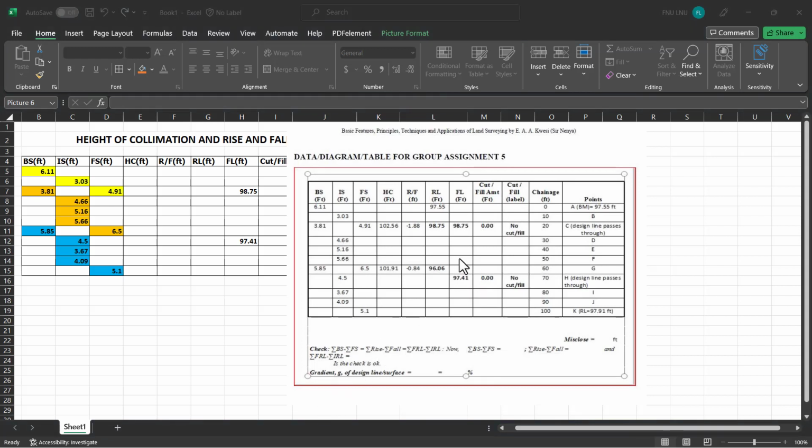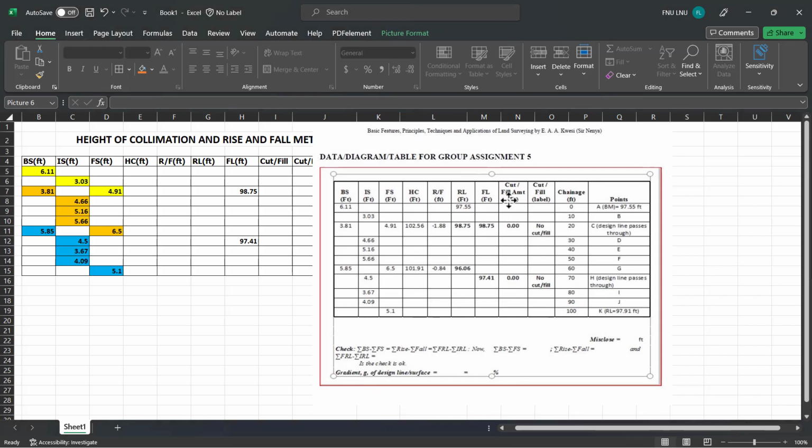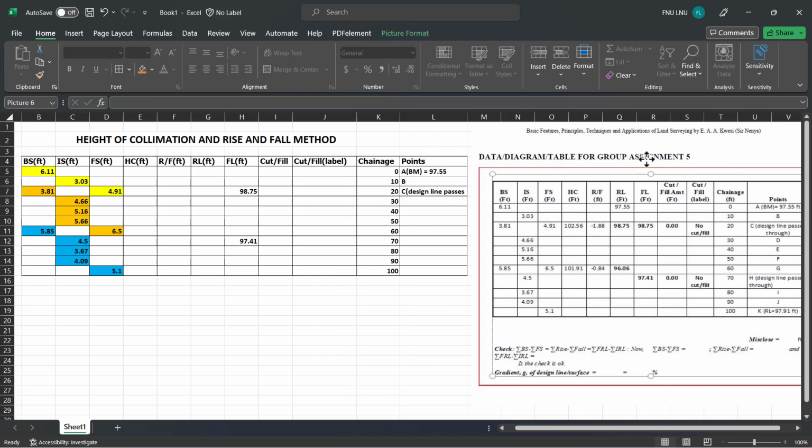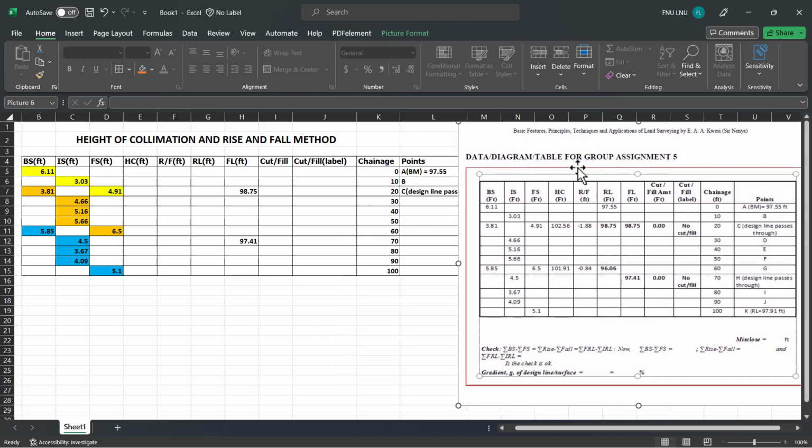So before you can fill this table, you should have your basic information. Your basic information will be the backsight values, the intersight values, and the foresight values, and all these are in feet. The FT means feet, the BS means backsight, the IS means intersight, the FS means foresight.